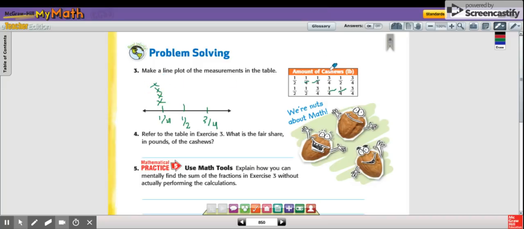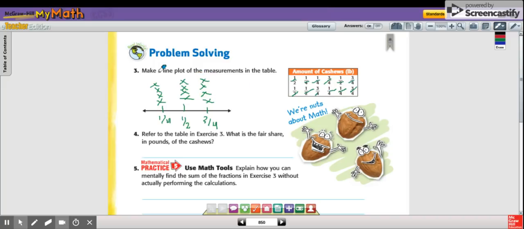Next we need to figure out 1/2. 1, 2, 3, 4. I like to cross them out so I know that I have accounted for them on my line plot. There are 4. And then 3/4 is last. 1, 2, 3, 4.